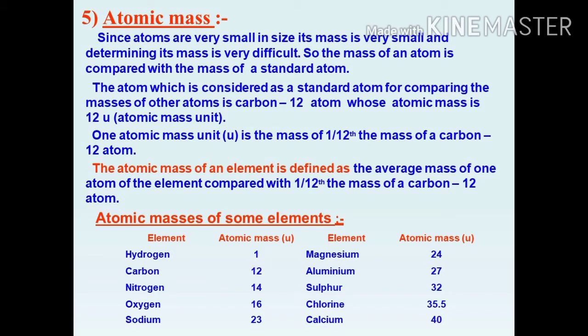Already I told you the particles of an atom are very small, so determining its mass is very difficult. So the mass of an atom is compared with the mass of a standard atom. Here the atom which is considered as a standard atom for comparing the masses of atoms is carbon-12.